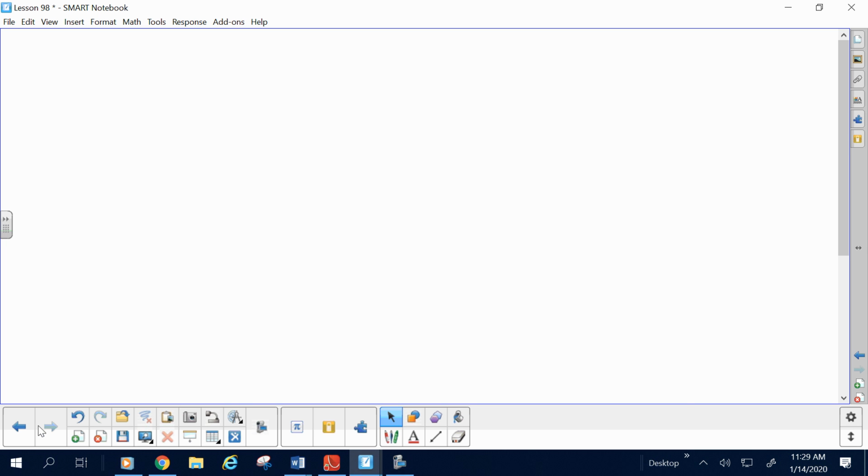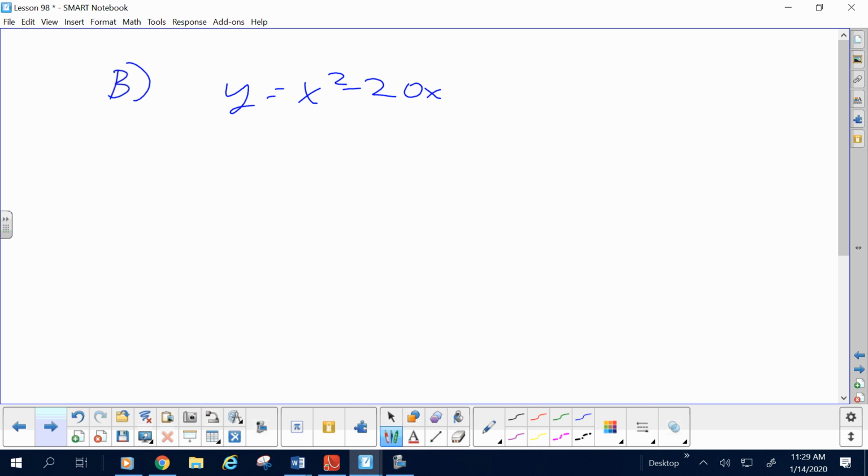Okay. Grading your homework yesterday, some of you were awesome, but some of you, your work is lacking. So would you do B for me, please? B is complete the square to write the equation in vertex form.